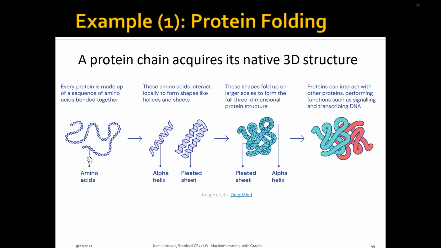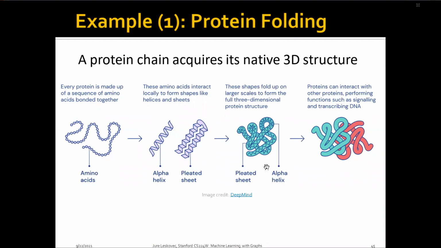And actually, the hypothesis was given in the 60s, and it has won the Nobel Prize, that just one sequence of amino acids has all the information it needs to determine the 3D structure of the protein, right? And then later on, people tried to learn this relationship, right, and to predict it, like how can we find that function from these 1D amino acids to the 3D protein structures.